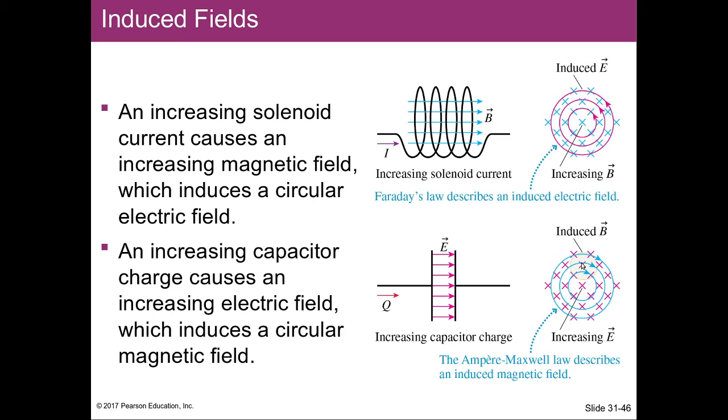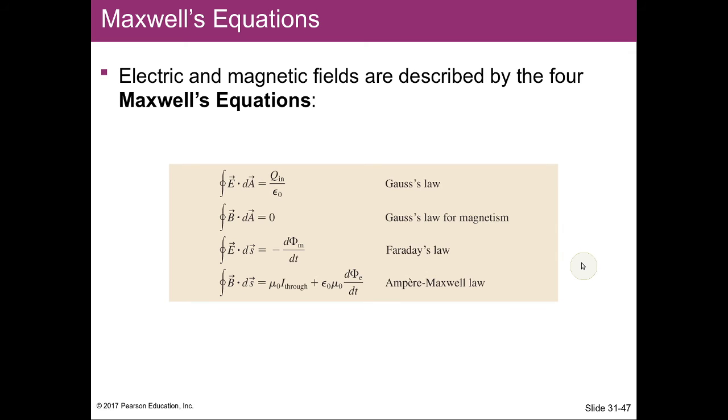So let's review once more all four of Maxwell's equations. Yes, there's a difference between the electric and magnetic case for Gauss's law, but it's just because we don't have any magnetic charges, it's got to be zero here. There's also a difference between Faraday's and Ampere-Maxwell's law. We have the rate of change of the flux, magnetic and electric respectively.